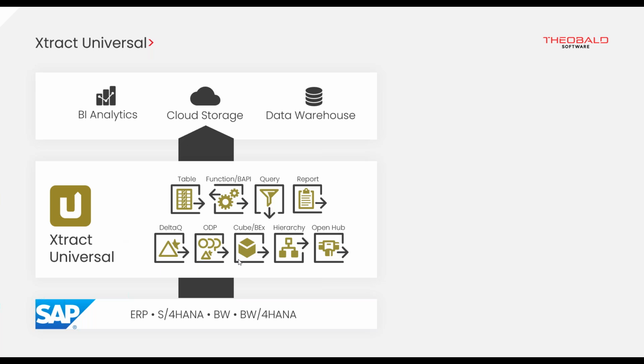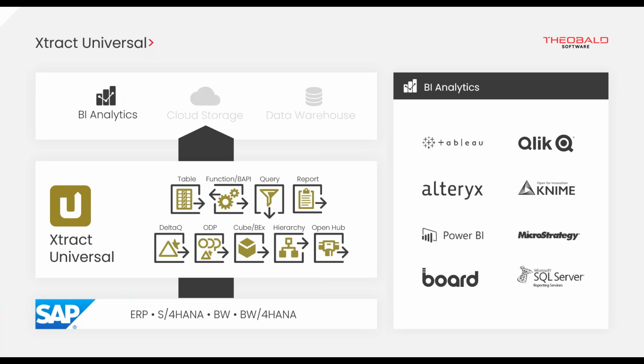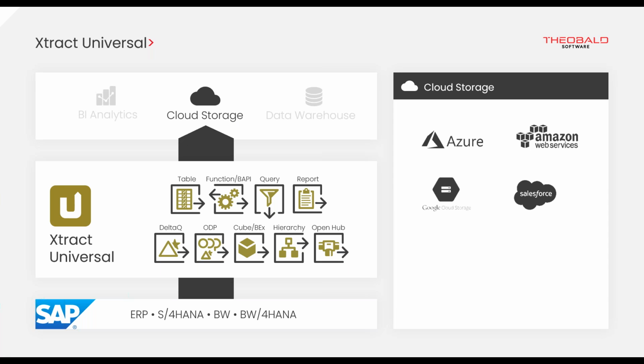What Xtract Universal then does is it will extract the data and then load or provision it directly into one of our supported destinations. We support direct connections into analytics tools, including Power BI. We support extract and load into cloud storage environments.